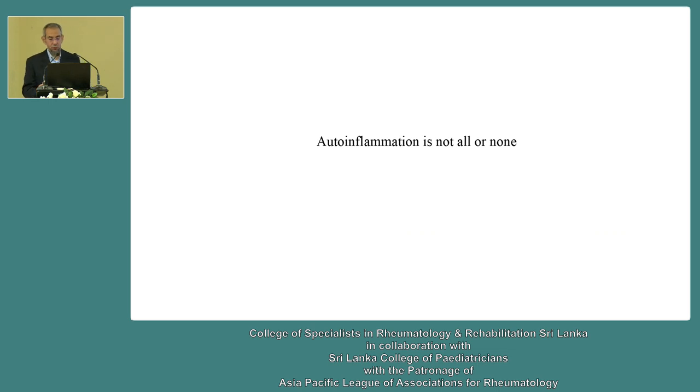I think autoinflammation is not all or none. So probably some of the diseases or entities show an autoinflammatory process. However, they may also have autoimmune disease because the underlying immune pathogenic mechanisms overlap, and more than one pathway is involved in these diseases.